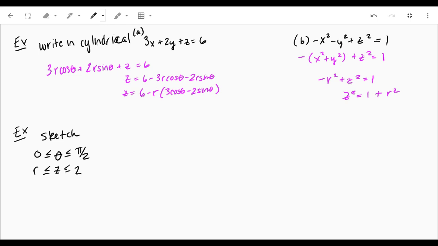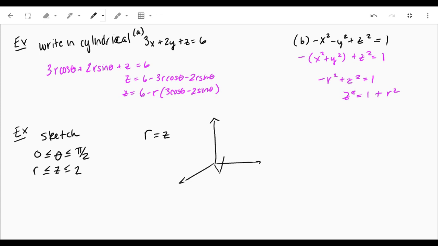Before we get too far with this, I want you guys to think about what r equals z looks like, because that's something that comes up a lot. So graphically, you can think about it. Remember, r is measured out from the origin in the xy plane. So wherever r is, z is the same distance up.